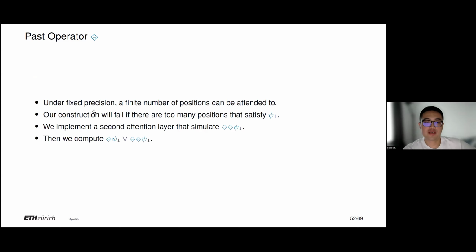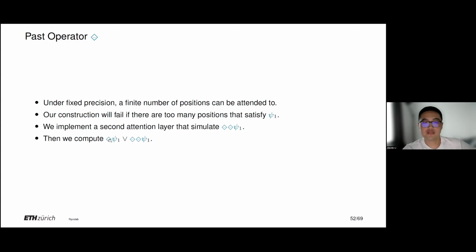Yep. However, there's an issue. As we just said, under fixed precision, a bounded number of positions can be attended to, right? So if there are too many positions that satisfy psi 1, so in the example we just showed, if there are too many positions with symbol A, then the attention weights will be zeroed out.